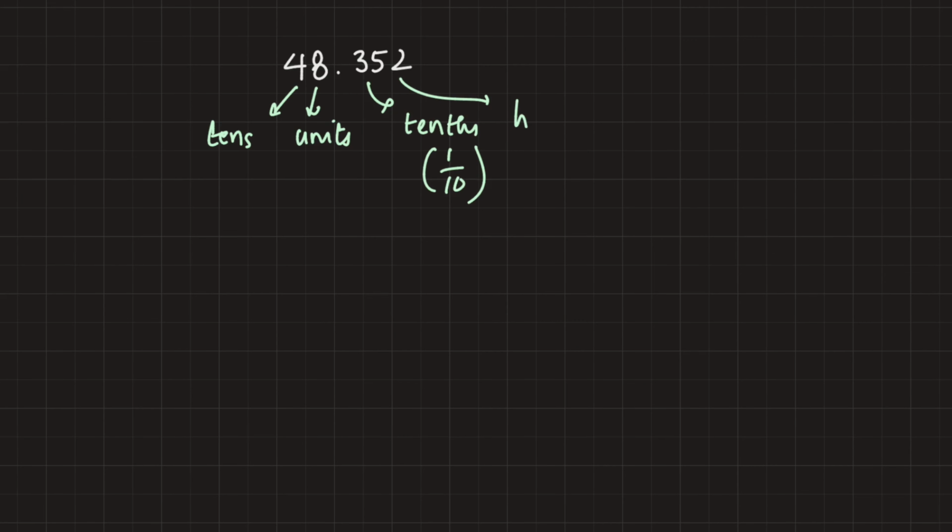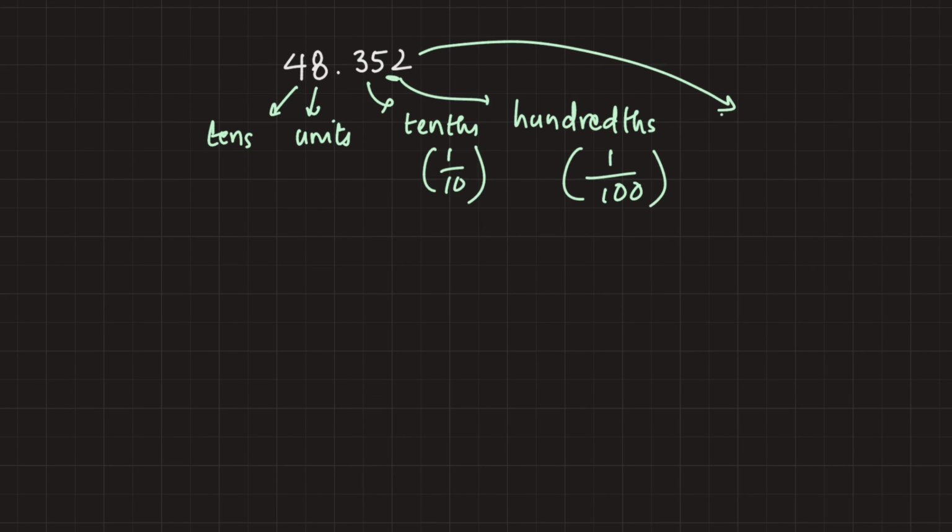5 is in hundredths place, so we would have to multiply it with 1 by 100. And 2 finally we have is in thousandths place, that is we need to multiply it with 1 by 1000.